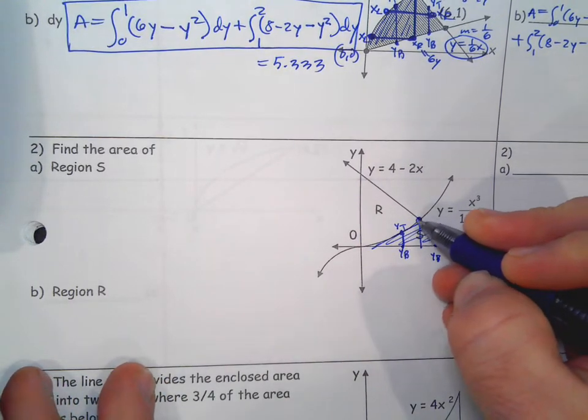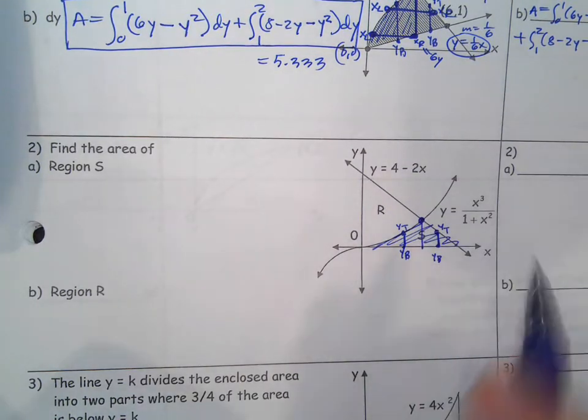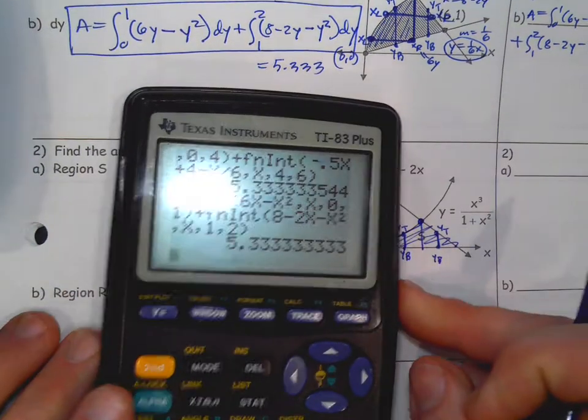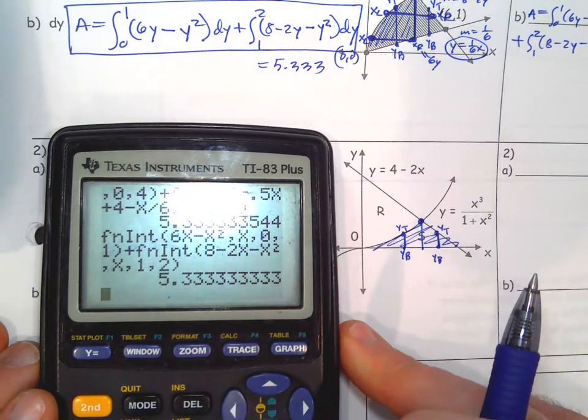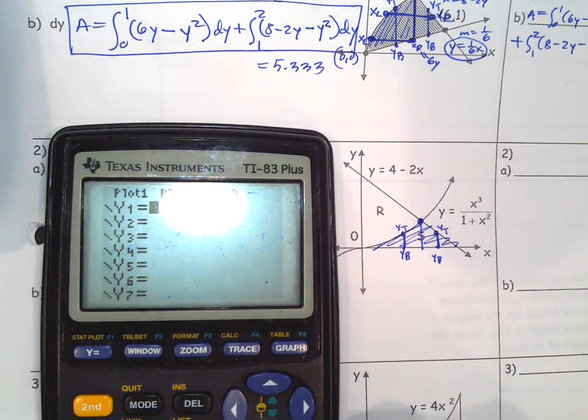Now we do have to find this intersection here. We could try to do it by hand, but man, that looks like a mess. So I think this would be a great time to use our calculator. 4 minus 2x, and x to the third divided by, you definitely need parentheses here, 1 plus x squared.